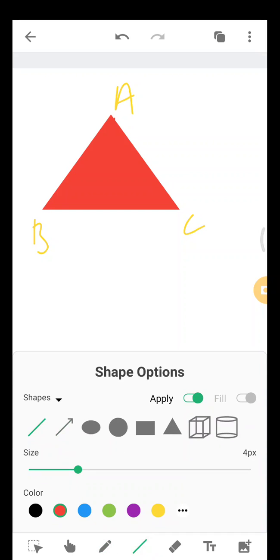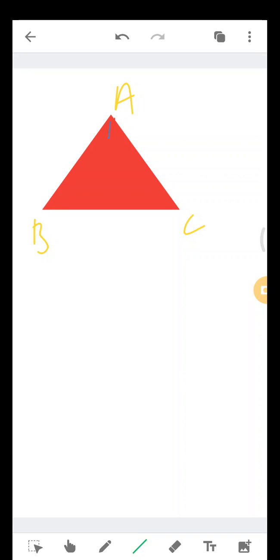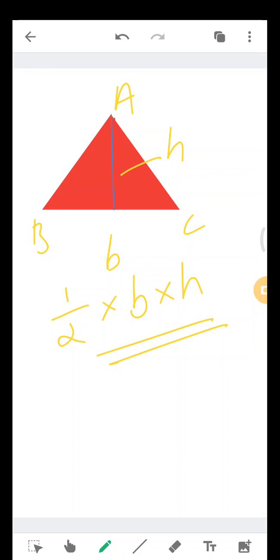Suppose you have a triangle ABC, and you want to find the area of this triangle. When the base and height of a triangle are given, this is the base and this is the height, so we use the formula half into base into height. Remember this formula, we are going to use it in the theorem.